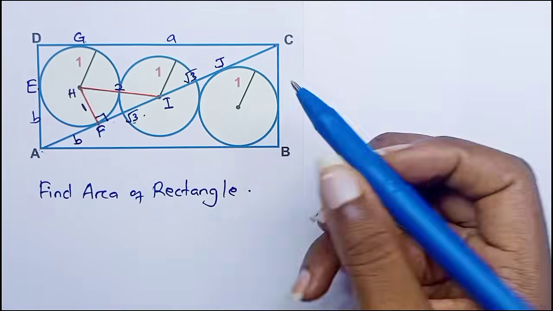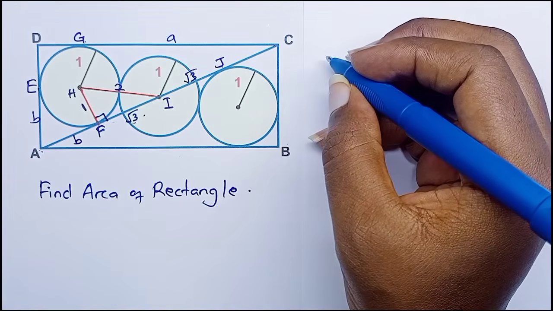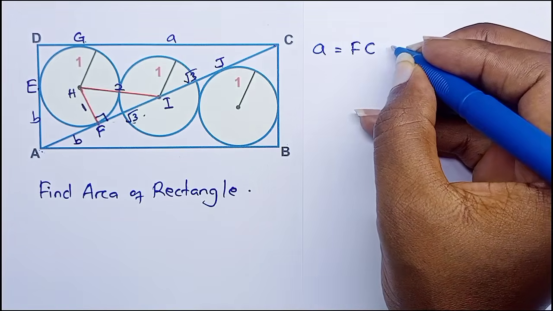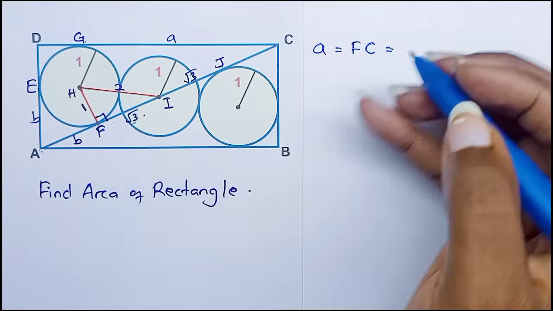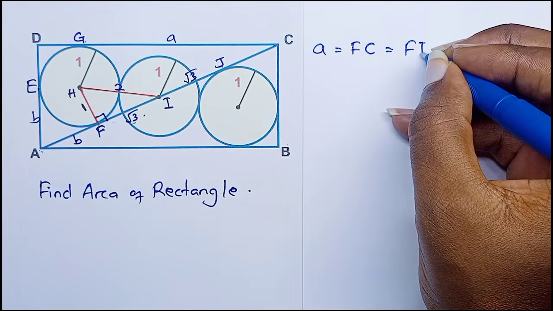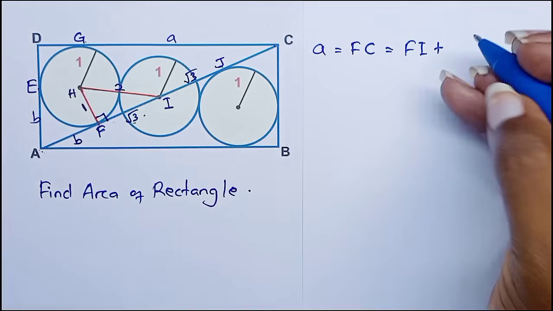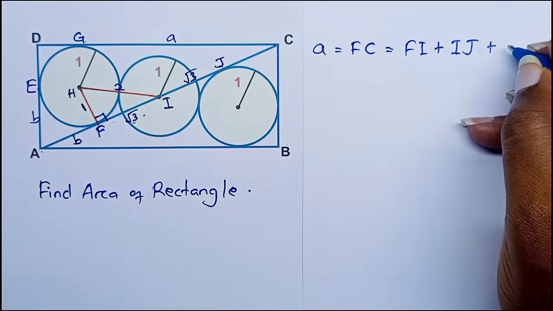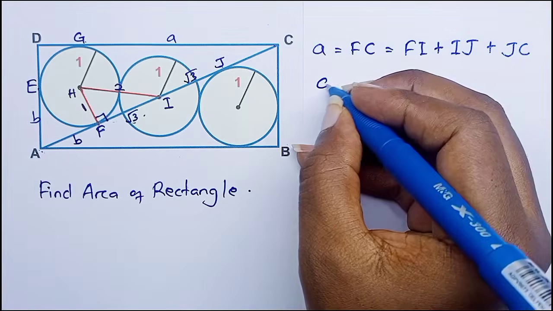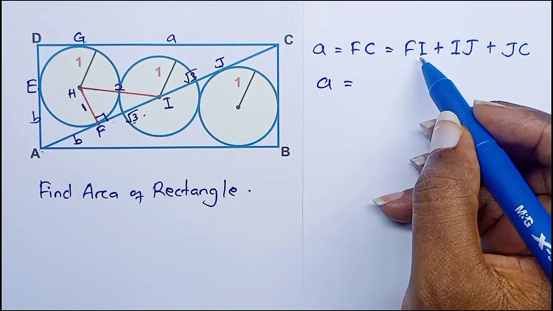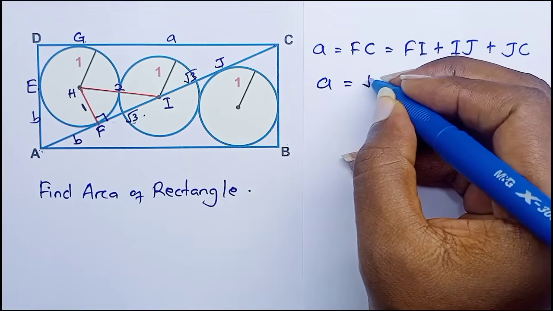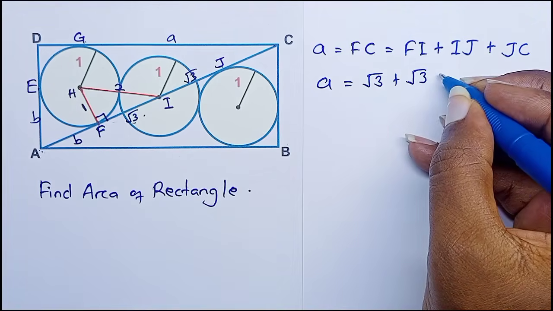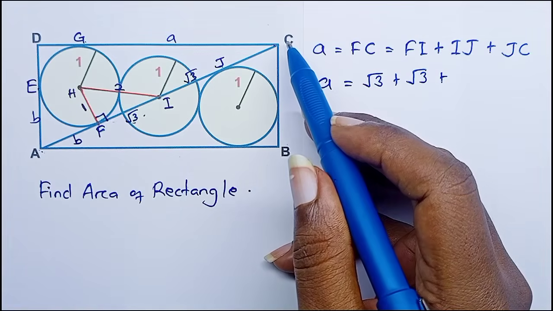Now since FC is equal to A, that implies that our A is equal to FC, which is equal to FI plus IJ plus JC. Okay, and so our value of A is equal to FI, which is root 3, plus IJ, which is also root 3, plus JC.